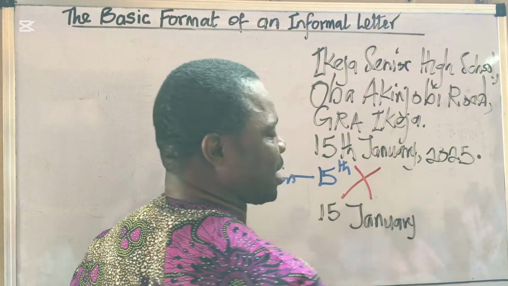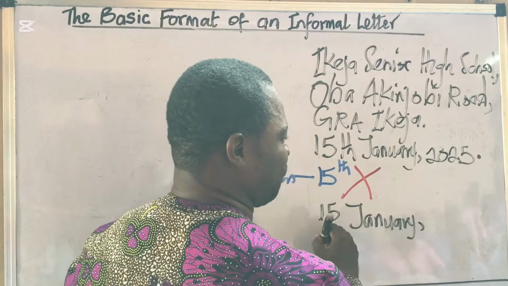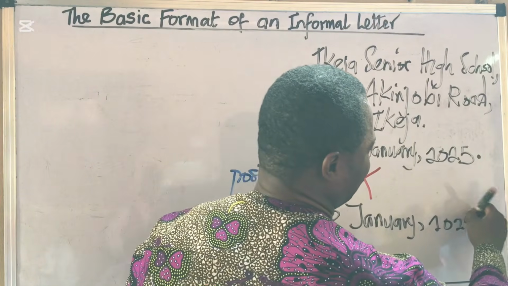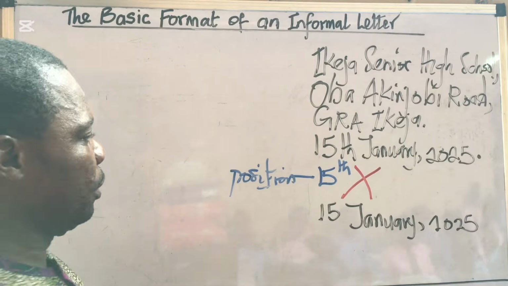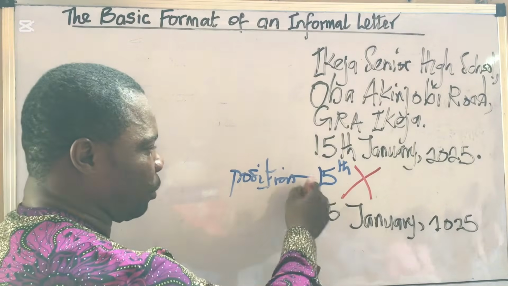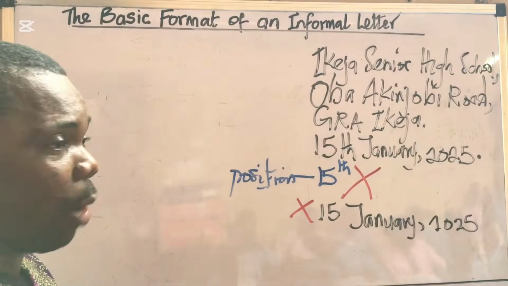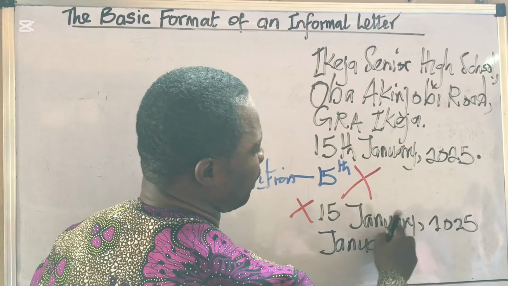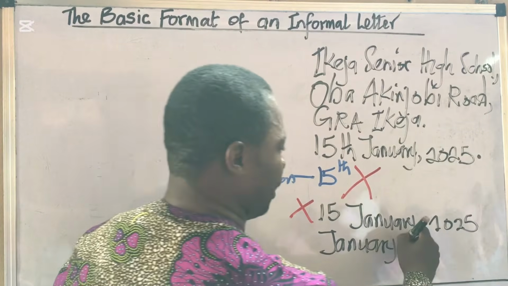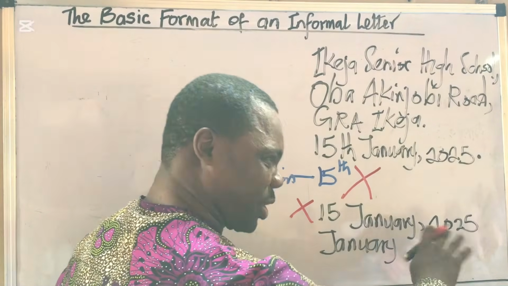This is not acceptable. If you write 15 January 2025, this is unacceptable. This is not acceptable in British style.